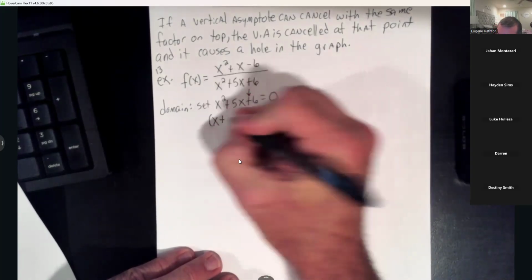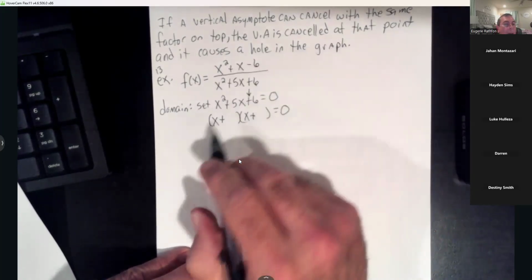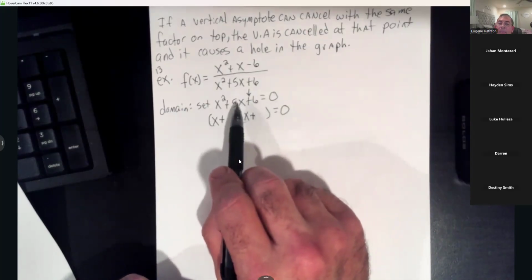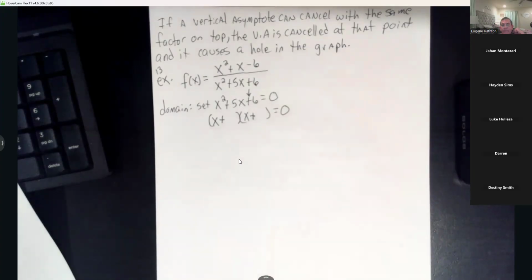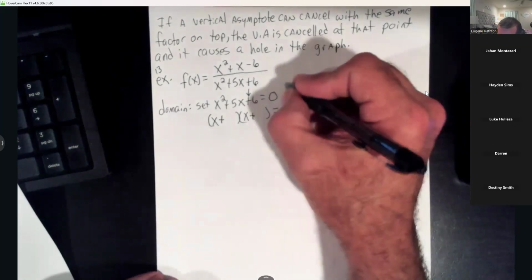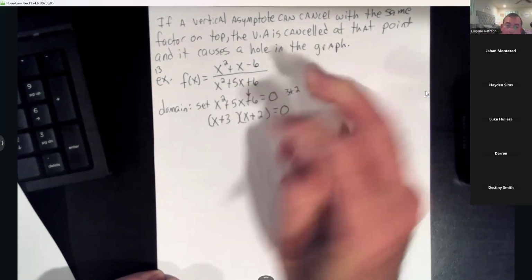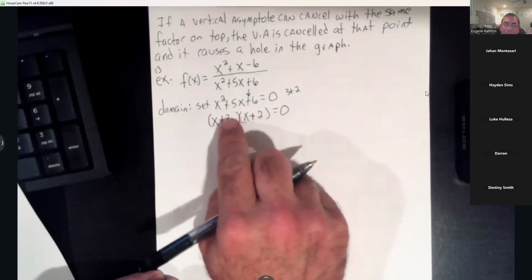So they're both going to be positive. All right, y'all, find me factors of 6 that'll add to get me a 5. So two numbers. Okay, Darren, you're pretty quick on those. So 3 and 2, good job. And y'all, it don't matter where you put them because they're both positive.